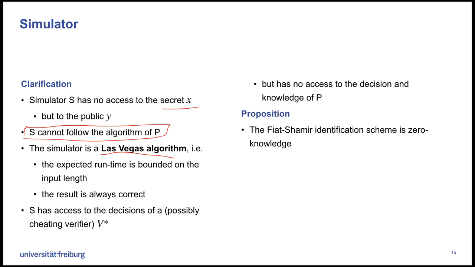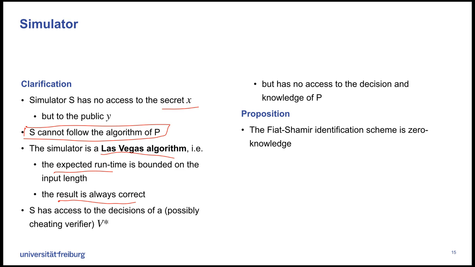What's the difference? A Las Vegas algorithm is always correct. It could sometimes take longer, but it has an expected polynomial runtime, so the expected runtime is polynomially bounded in the input length. Monte Carlo is an algorithm which has a probability that it could fail.